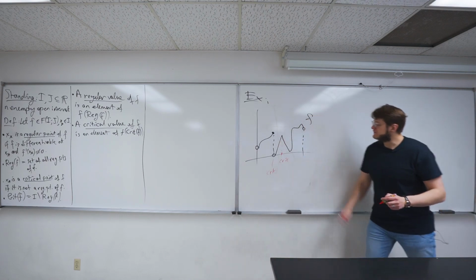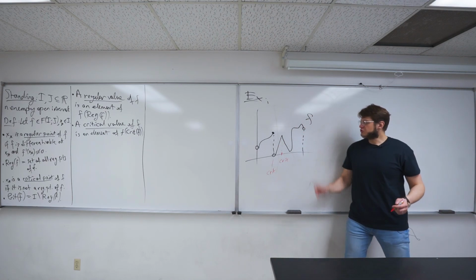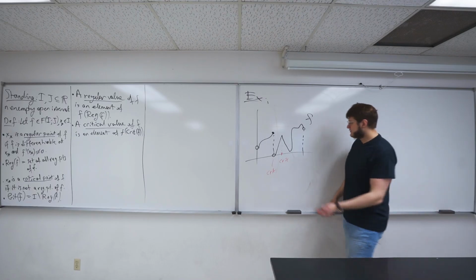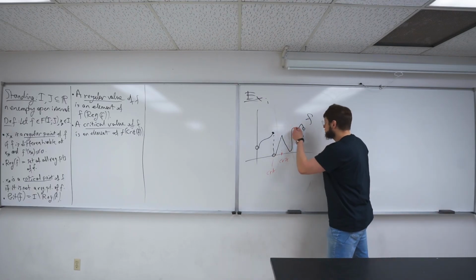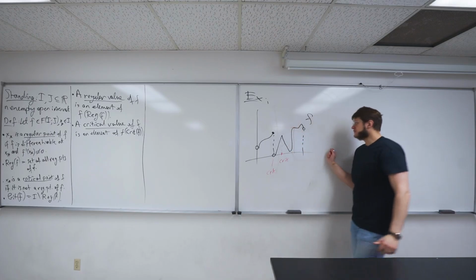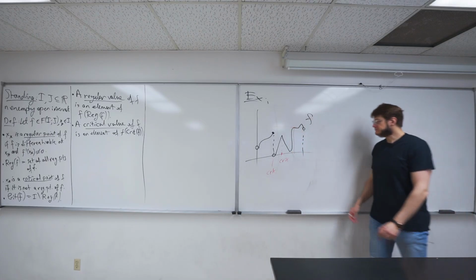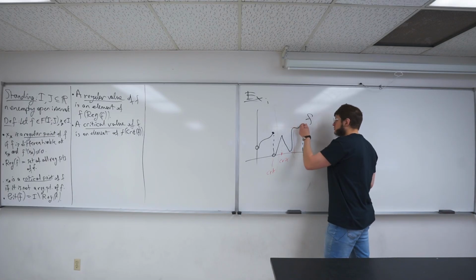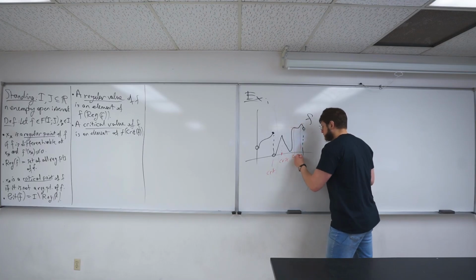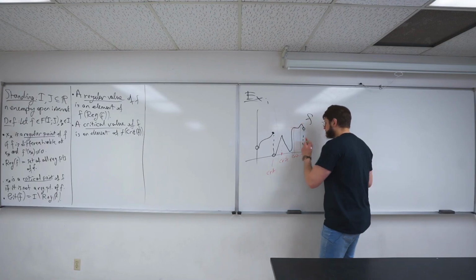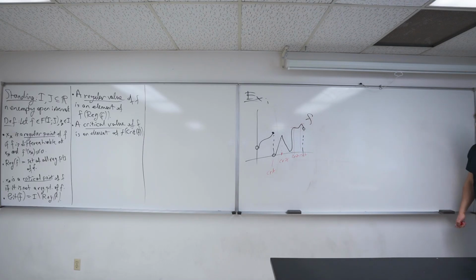Even though the function is continuous there, there's no derivative there. And another thing perhaps is, if you look at this, here the derivative exists, but it is 0. Or here too. These are also critical points.